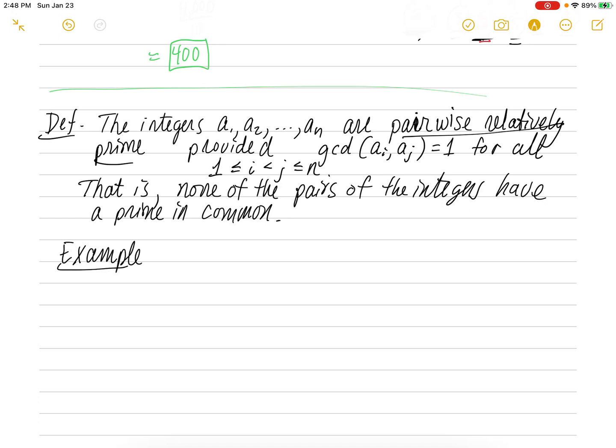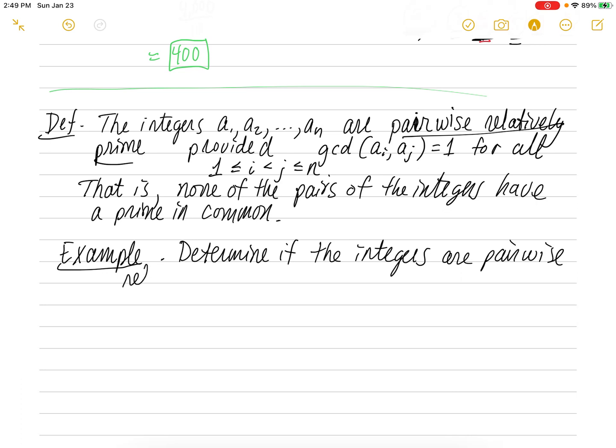So let's look at some examples to determine if the integers are pairwise relatively prime. I'm going to give us 3 integers, 9, 10, and 17.